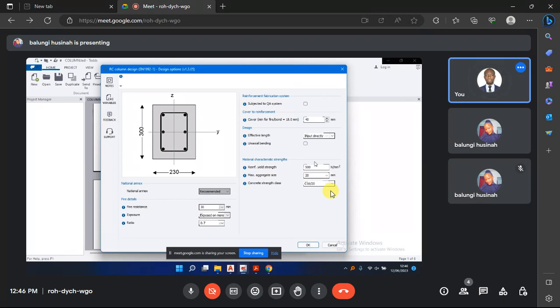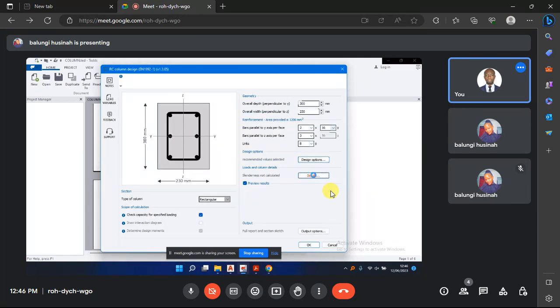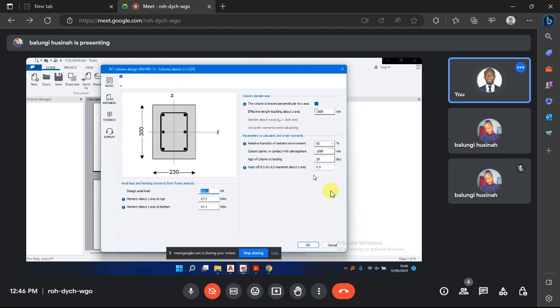There's something we forgot to check. It is uniaxial bending, not biaxial. Oh yes. It is about the Z, not Y, about Z. So you realize that when you go into details, one side will disappear, eh?